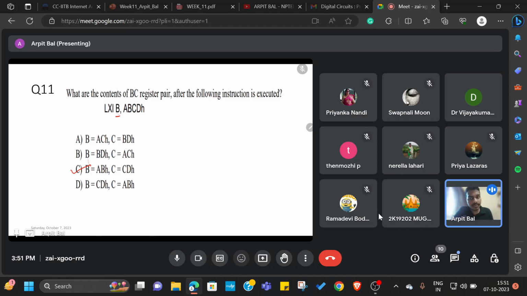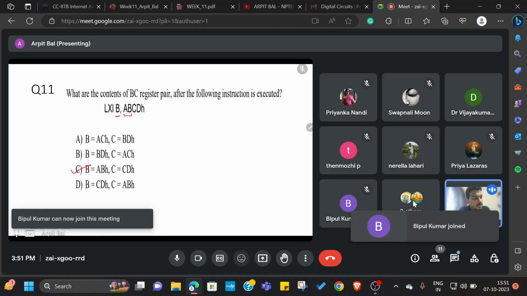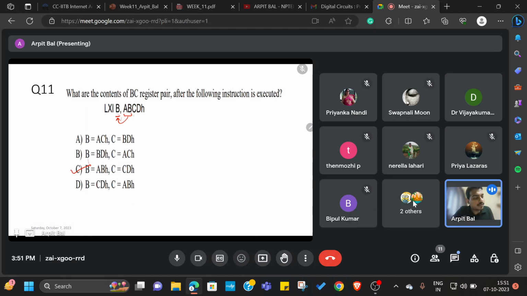In this case it is B, and the initial values are loaded into B, and the remaining values are loaded into the next register, that is C. So this was question 11.